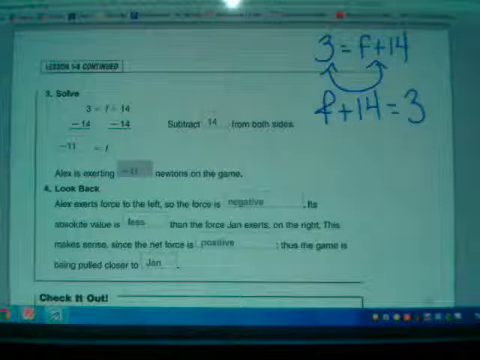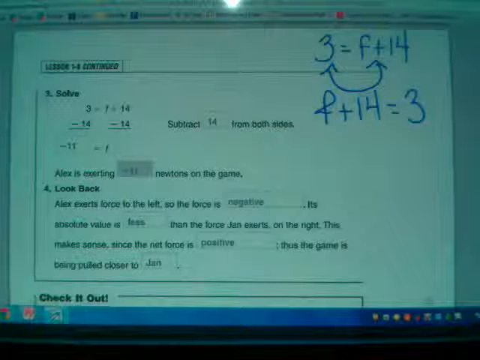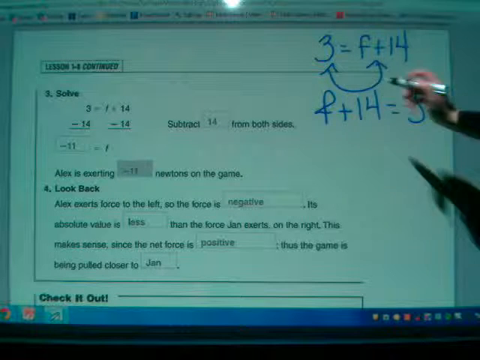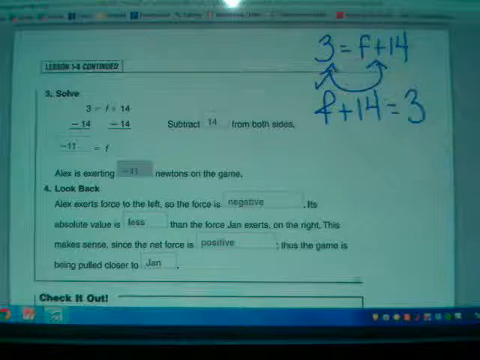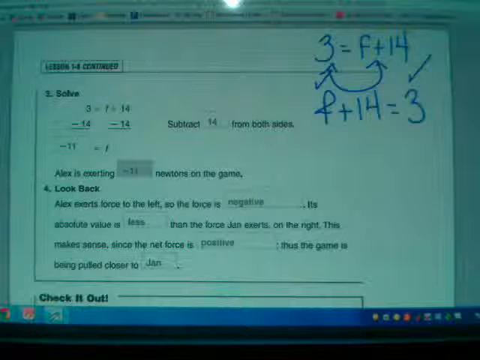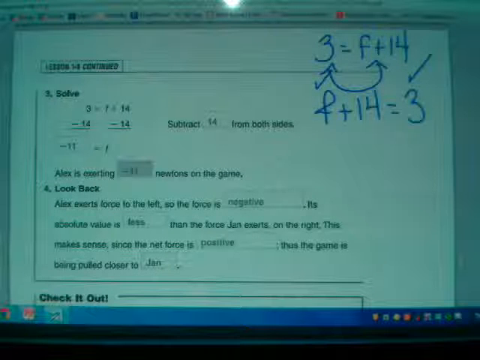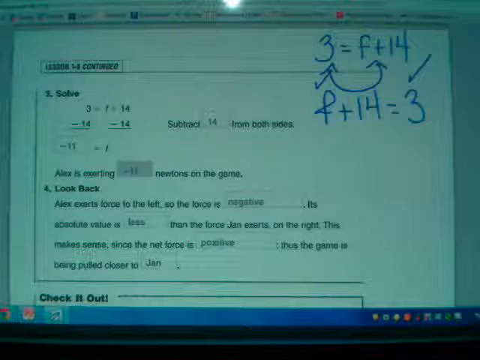And that should work out a whole lot better for us, because we said we like variables on the left. We do have variable F on the left, and numbers off towards the right of the equal sign, and that's 3. So the only thing that's not right now for us in our world of solving equations is the 14.